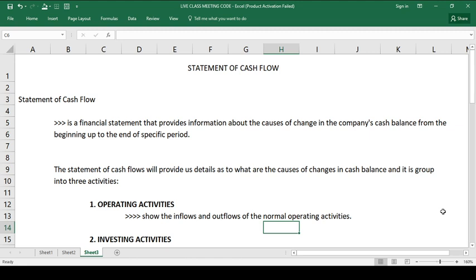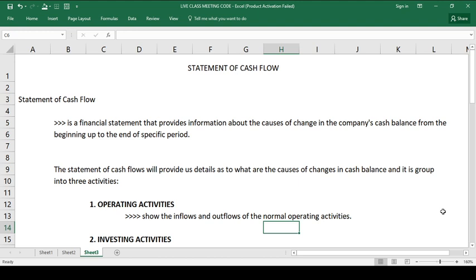And those finished goods are sold to outsiders. So that is part of its normal operation. So whatever cash inflows and outflows related to the normal operation are considered operating activities.